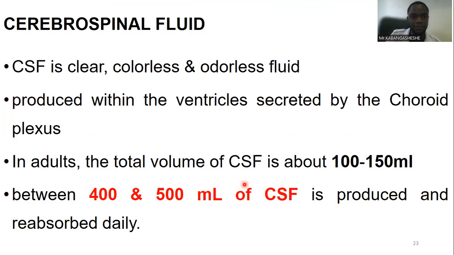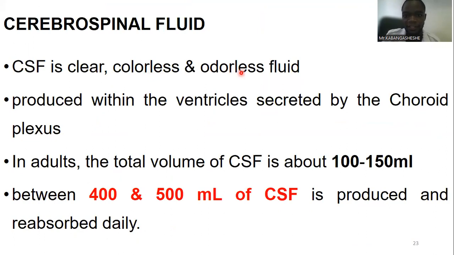So away from that, we now look at the cerebrospinal fluid itself, because we looked at the ventricles. Now we have to look at the fluid that is found in the ventricles, the cerebral ventricles to be specific. So the definition: it is a clear fluid. It has no color. It is colorless.